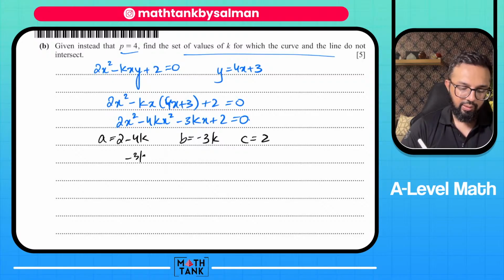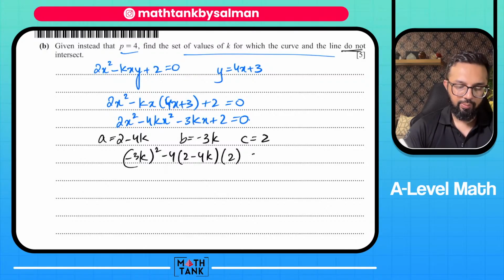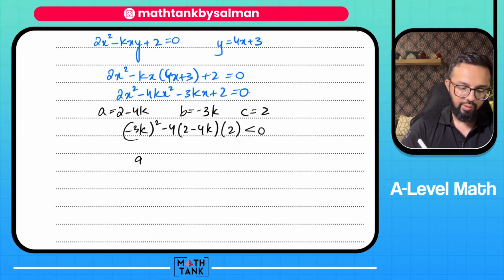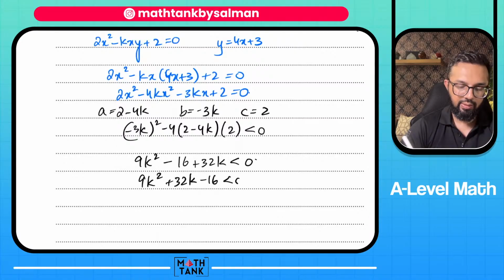B square, do not intersect, so b square minus 4ac is less than 0. So 9k square minus 4 into 2, 8 into 4 into 4, 16 plus 32k is less than 0. 9k square plus 32k minus 16 is less than 0.